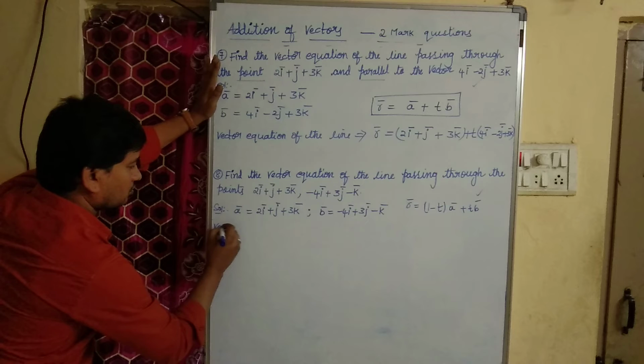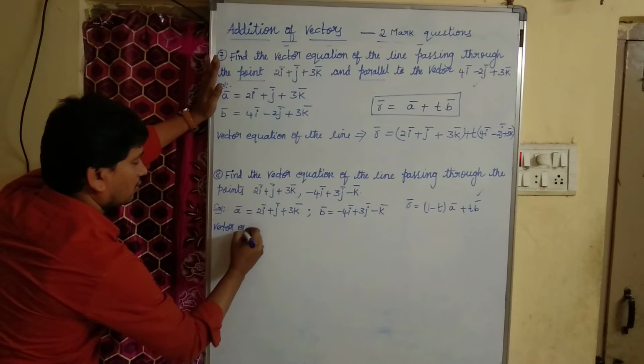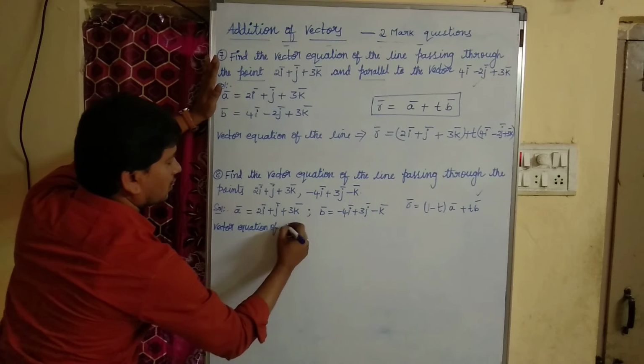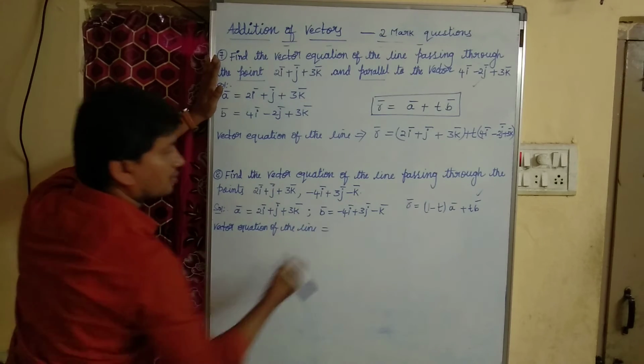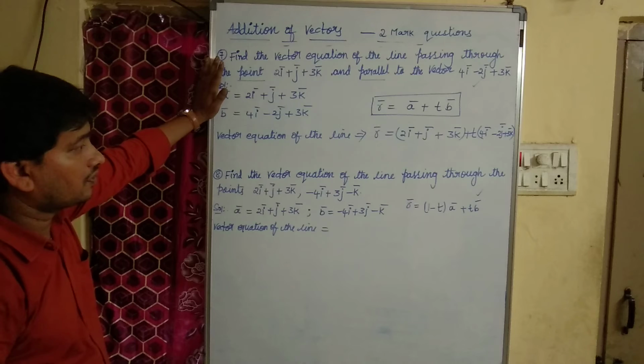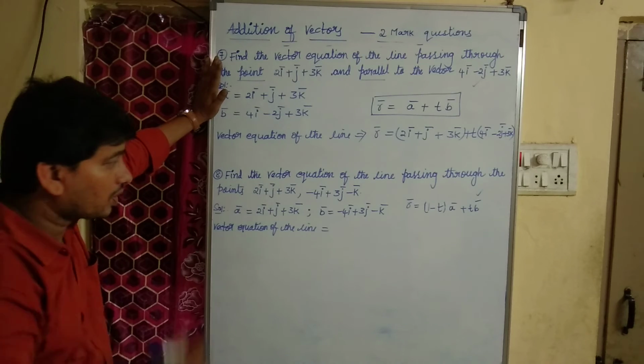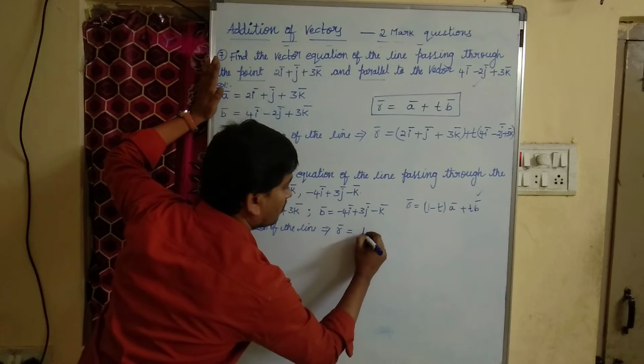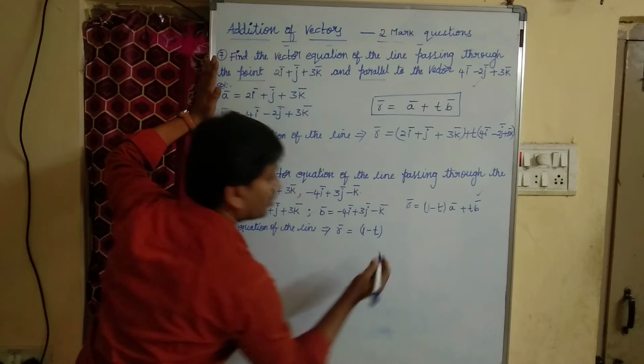Therefore, the vector equation of the line passing through the 2 points is r bar equal to (1 minus t) into a bar.